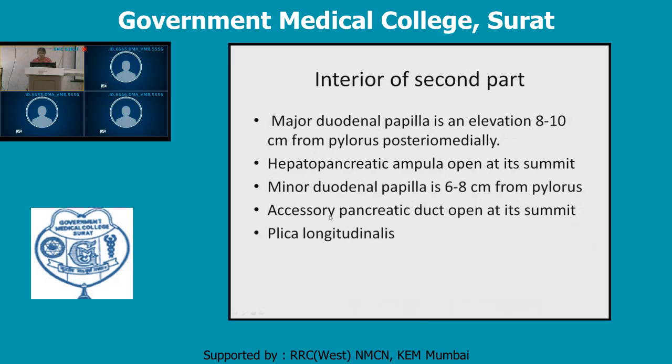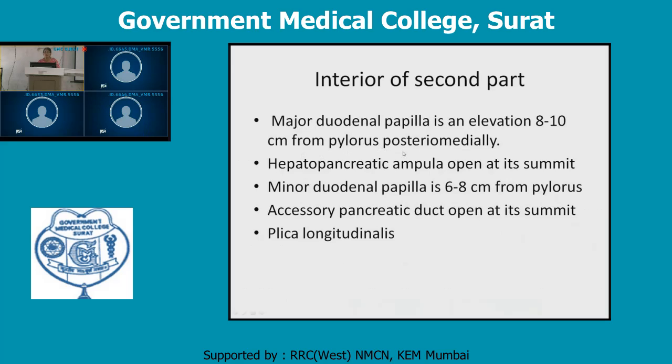Now, interior of the duodenum: there are mucosal folds in the interior, except the first part. In the second part, we can see the mucosal folds. If we see the interior, among these mucosal folds, the major duodenal papilla is an elevation 8 to 10 centimeter distal to the pylorus.